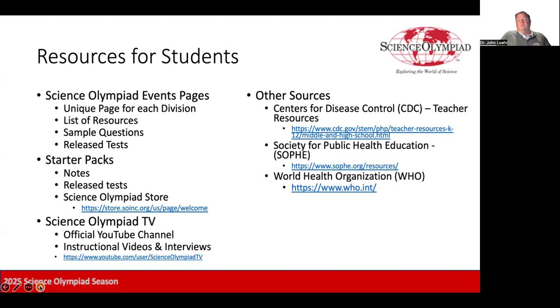They also have a teacher training program called Nerd Academy with lessons and activities and curricula that you might find helpful. The Society for Public Health Education has teacher resources up there. The World Health Organization has a bunch of information, and they can be a great place to find uncommon outbreaks and diseases.